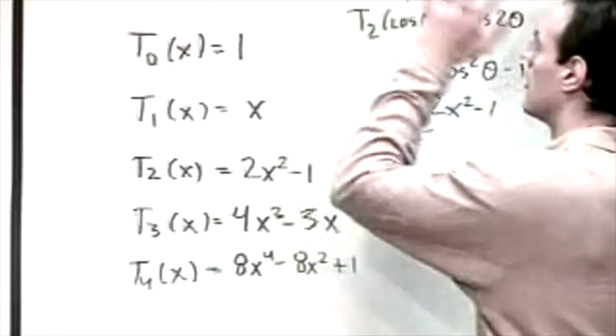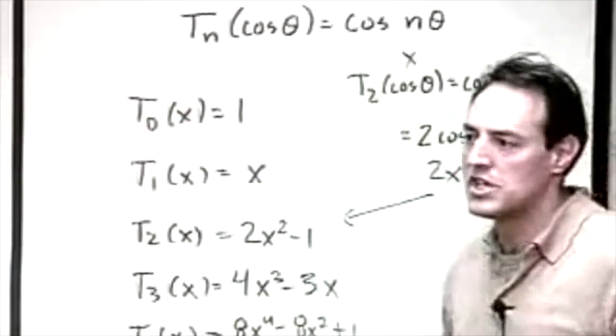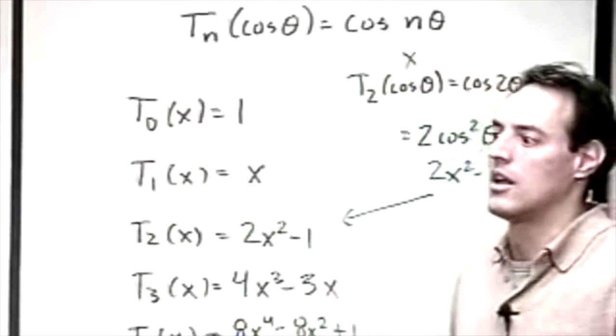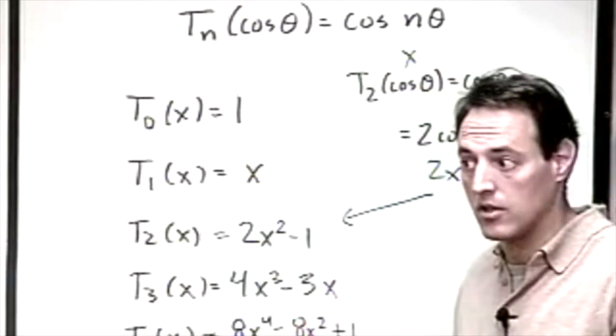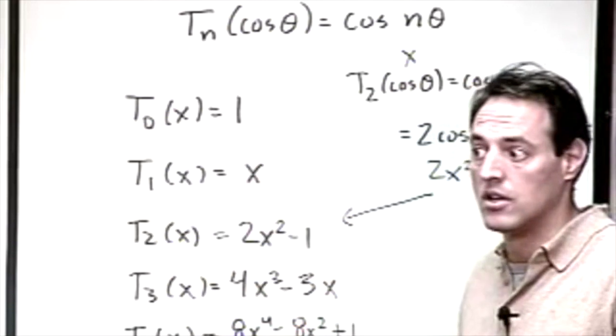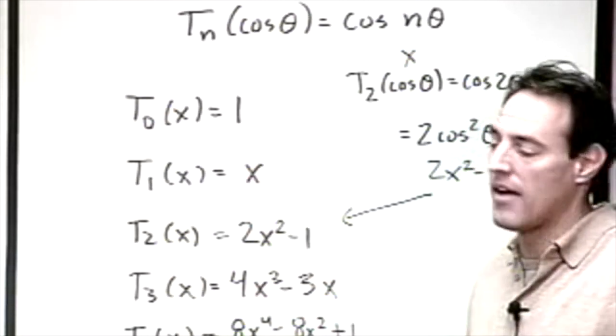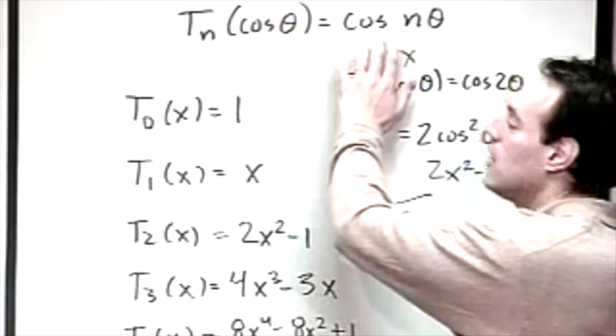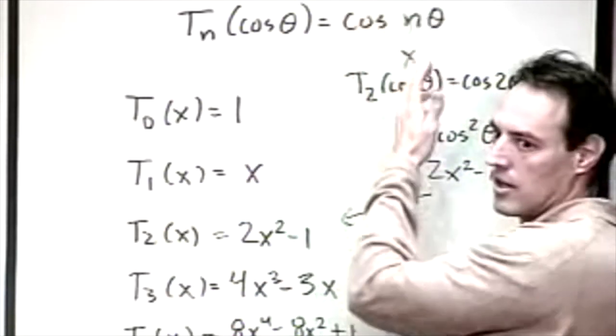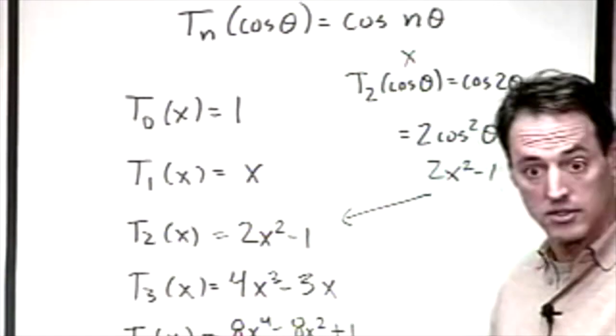With this definition, the value of T of n is bounded between 1 and -1. That's kind of nice. You now have these functions that have this nice property because it is related to the cosine. And so this is between 1 and -1. It's nice. Okay?